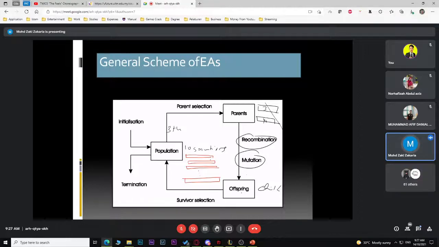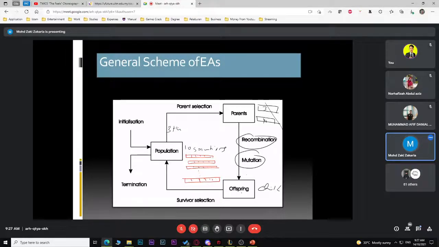After we draw this, we evaluate the solutions. Maybe solution number 3 and number 4 are the best, so we select them as what we call parent selection.